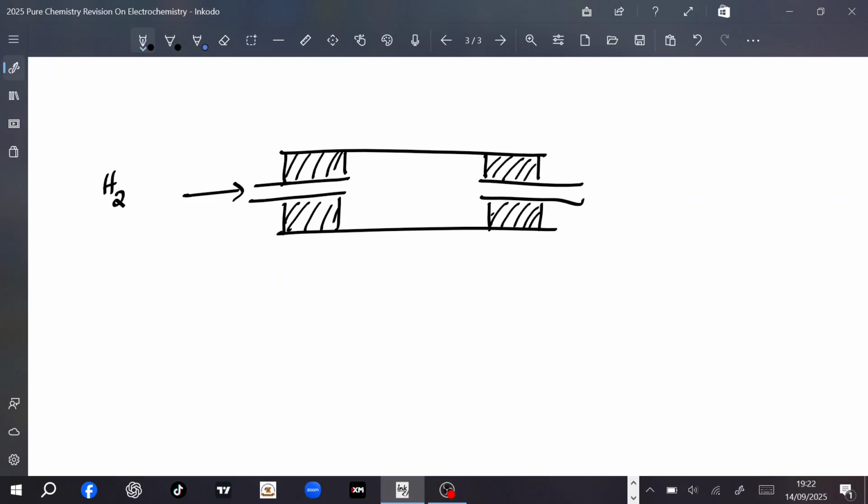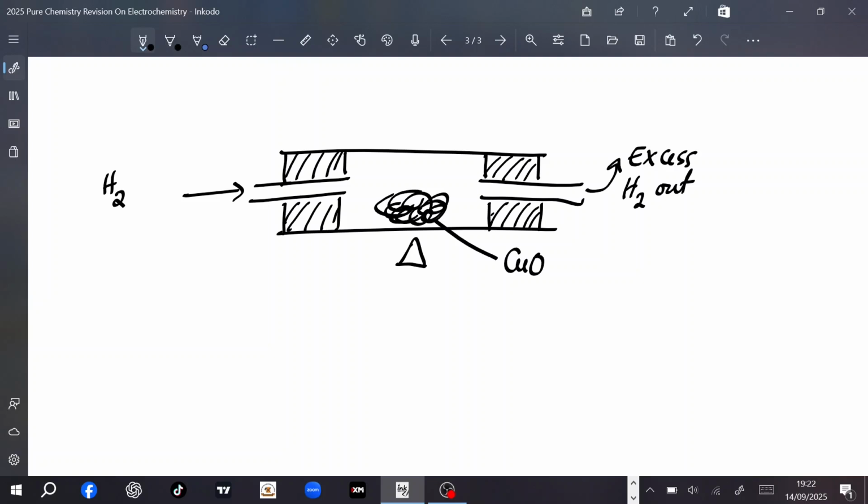Then here you send excess hydrogen out. So excess hydrogen will come out. Then here you do like this. You label this is copper 2 oxide, and then you can just put an arrow here, then you say heat.